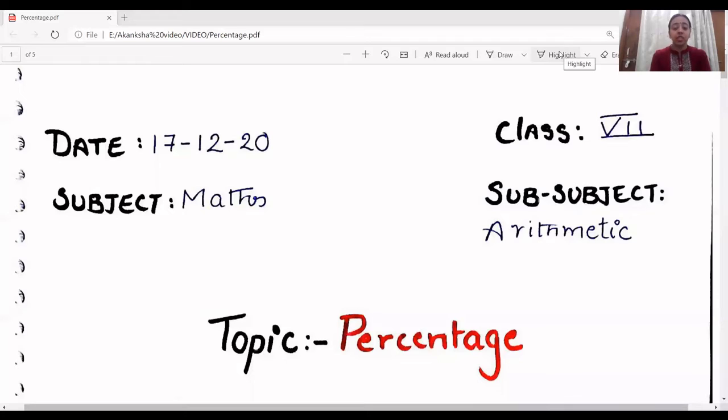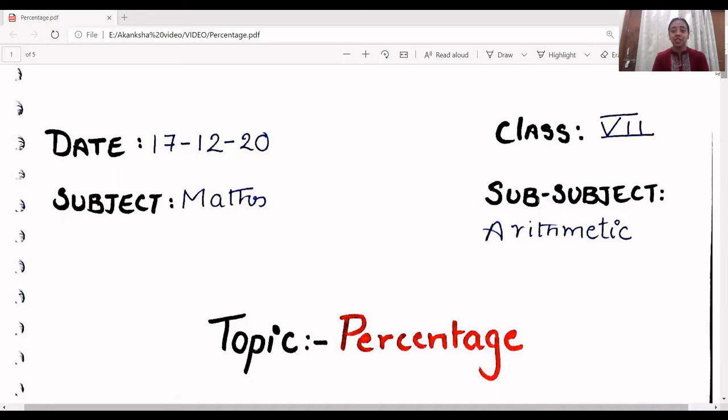So let's start with percentage, and we'll be discussing what percentage is in layman's language. So let's first understand percentage. Now, in normal terminologies, often you are asked how much percentage have you got in your subject, or how much percentage have you got in your maths, right?